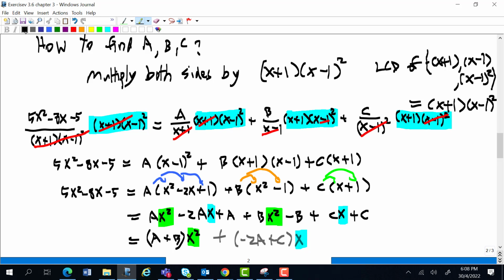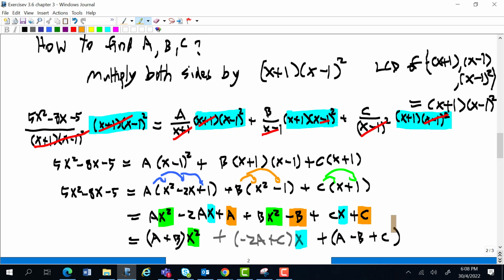The constant I have is equal to a minus b plus c. Let me color this so that you can see clearer. So it's a here minus b plus c. Alright, so these are all the three terms together, a minus b plus c.